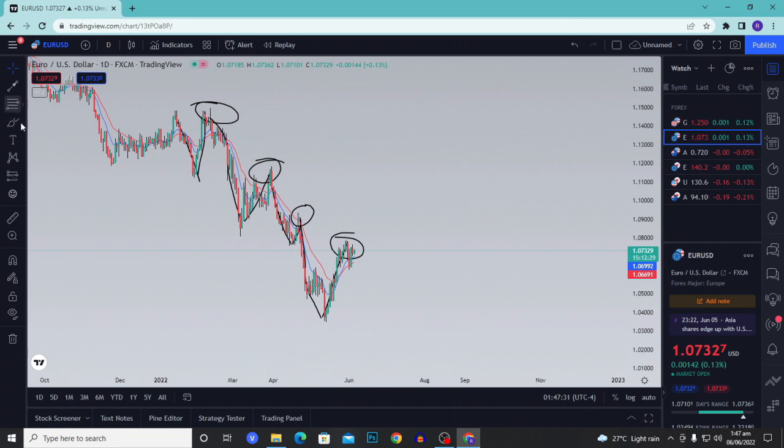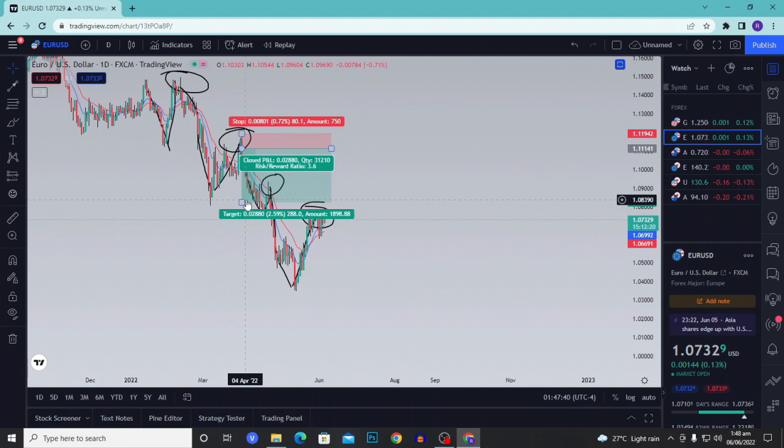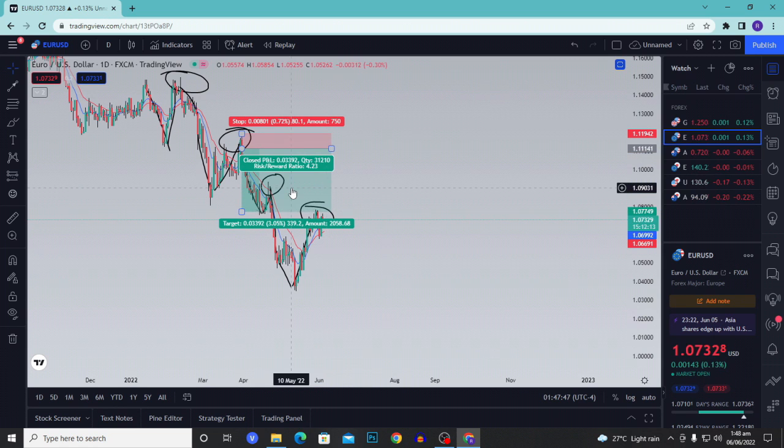Let's say we didn't catch that move and we caught the next one. I'll put our stop loss right above the peak and our take profit right before the next retracement. This would have been a 1-to-4 risk to reward ratio.